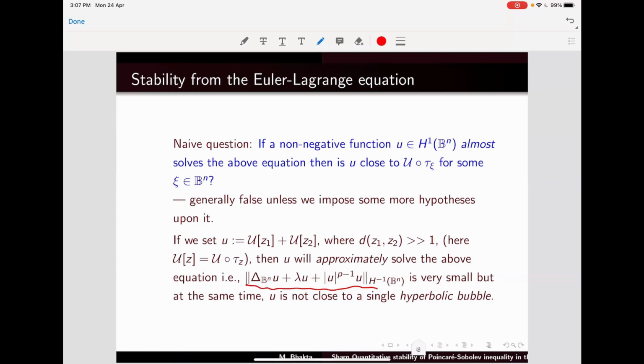So the answer is generally false unless we put some extra hypothesis on it, and we can see it from here. Define U equal to uz1 plus uz2. What is uz1? The notation means U composed with the hyperbolic translation tau z1. I should say that tau z is a hyperbolic translation which takes 0 to z. It is an isometry of the ball.